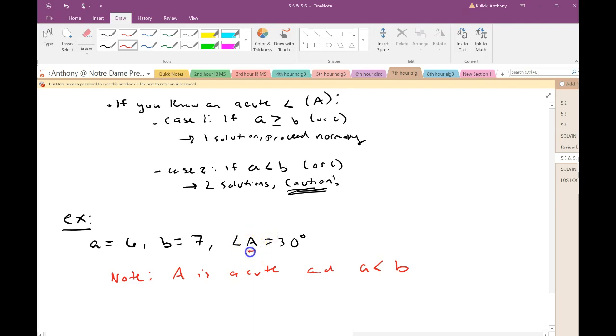Note that the angle we know is acute, and the side opposite it is smaller than the other side that's given. So that tells me we're going to get two triangles. We have double the work. Oh, man.